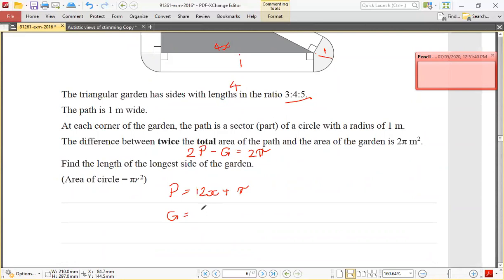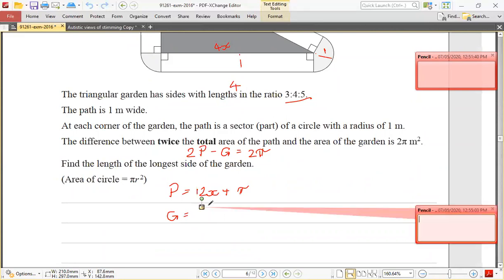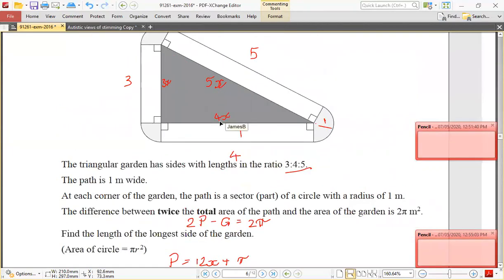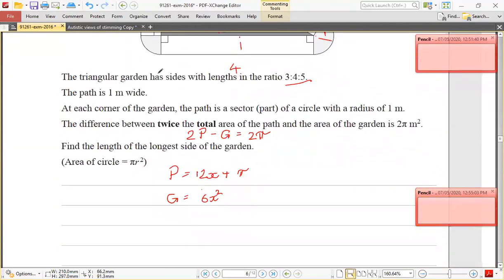Area of a triangle, it is half base times height. Half of 12x over 2, so 2x times 3x, 6x squared.